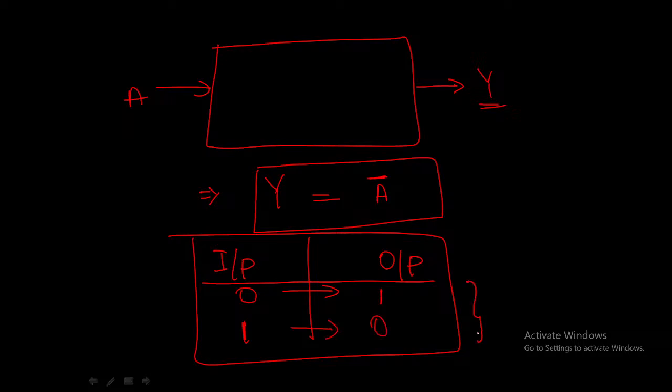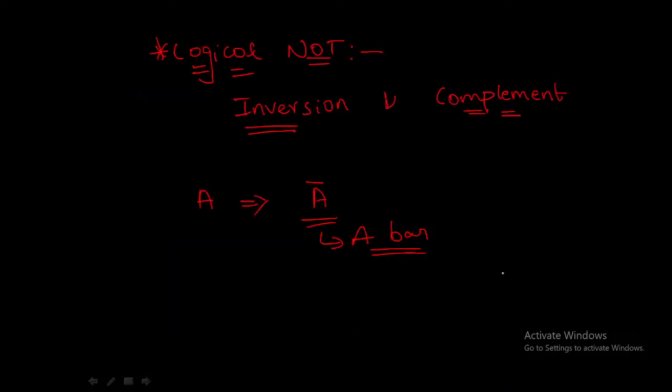This is nothing but the complement operation, or bar operation, also known as the logical NOT operation. So this is how we represent the logical NOT operation in Boolean expressions.